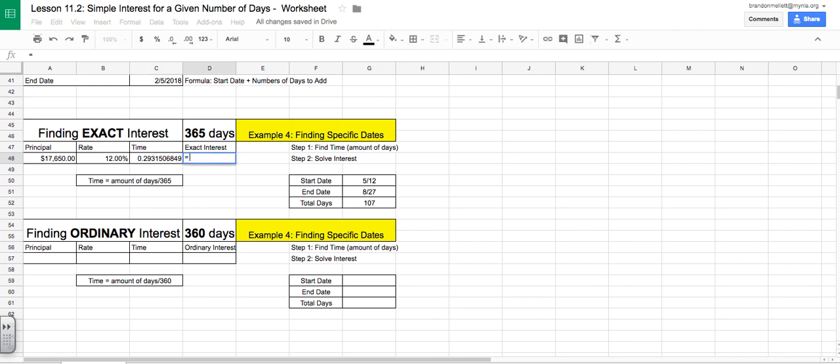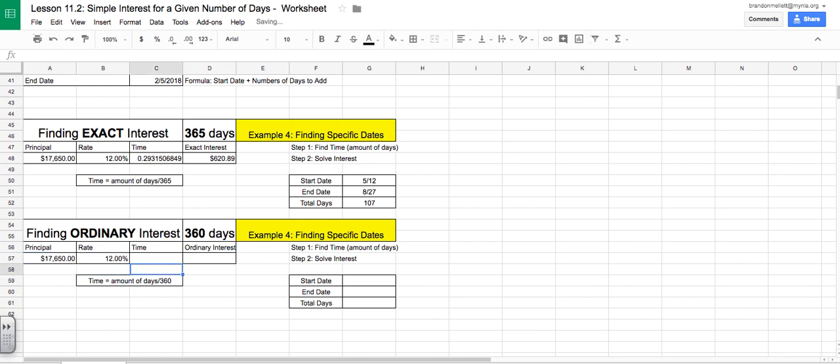Now, to find the exact interest, we use the formula P times R times T. We go equals principal times rate times time, enter. So the exact interest for this loan is $620.89. Now let's look at it as if we used ordinary interest.